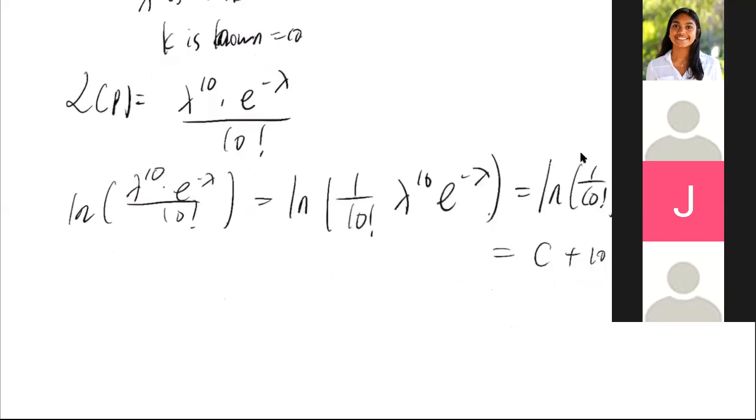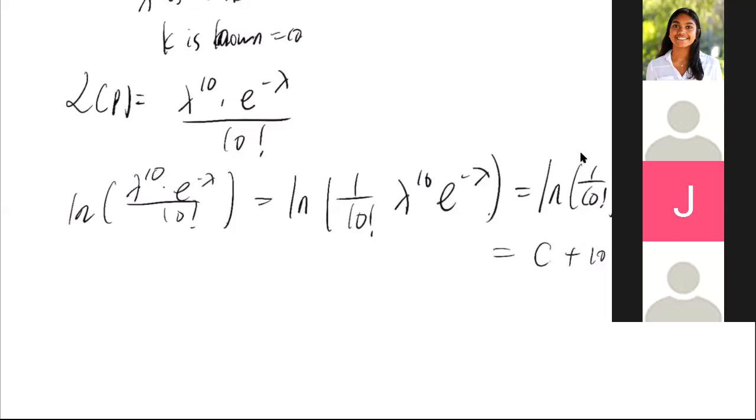Yeah, and if we want to check if it is actually a maximum, the way we do that is by taking the second derivative. If you take the second derivative of this function, that would be negative 10 over lambda squared.